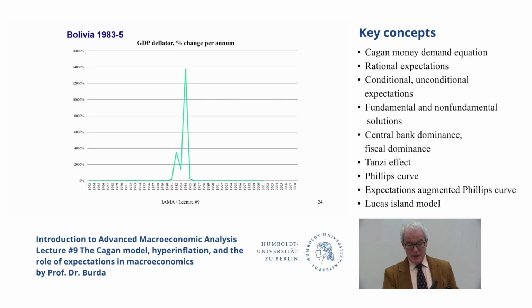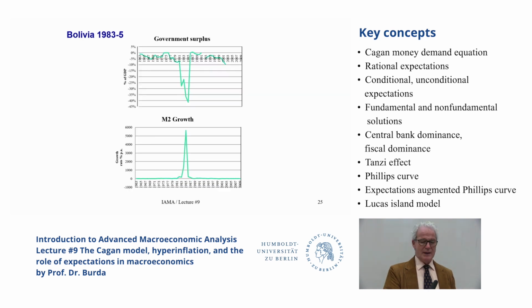This is the rate of change percent per annum in the price deflator, the GDP deflator, the Paasche index for the price level measured on GDP in Bolivia, and this is an annual rate of change. So these are really extreme changes, and you can see that you can anticipate this, that already in 1981 the government's deficit increased immensely. The government surplus with a minus sign in front of it is the deficit.